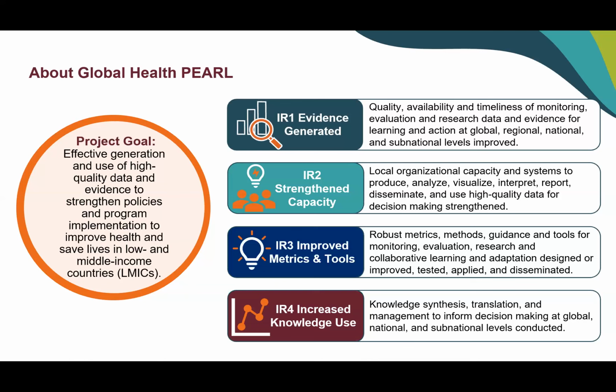And then our third IR is improved metrics and tools. The idea here is to design or improve, test, and apply robust metrics, methods, guidance, and tools for MERL. And then the last IR, which is critical in achieving all of the others, is increased knowledge use. So through knowledge management and knowledge translation, GH Pearl will conduct knowledge synthesis, translation, and management to inform decision making.